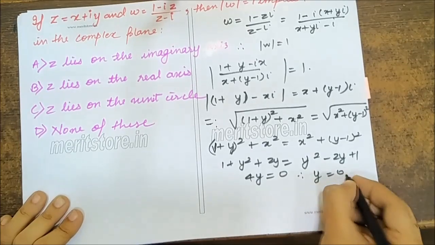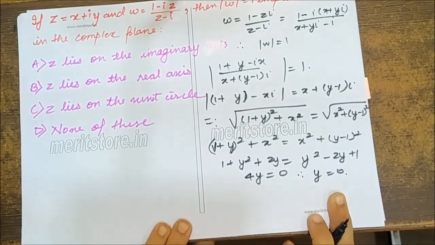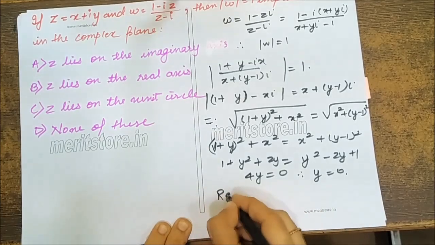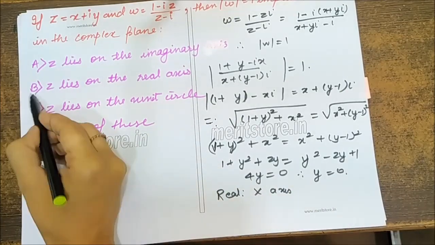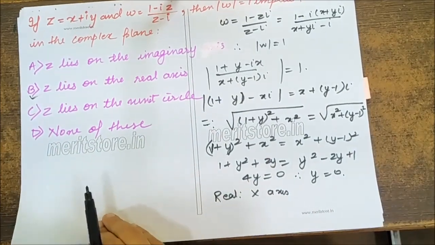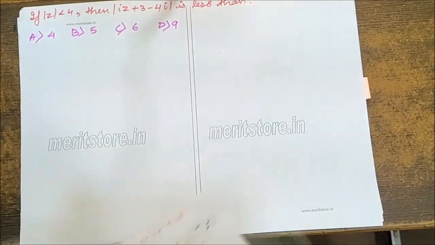Therefore y is equal to 0. Now it is purely real, and therefore it will lie on which axis? X-axis. Z lies on the real axis, that is the x-axis.